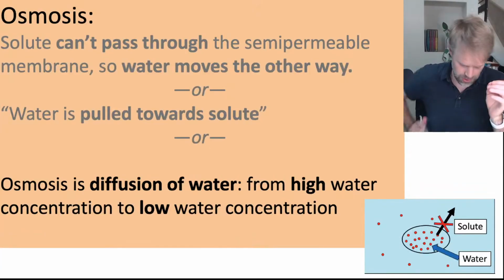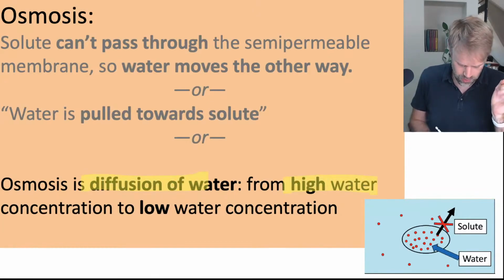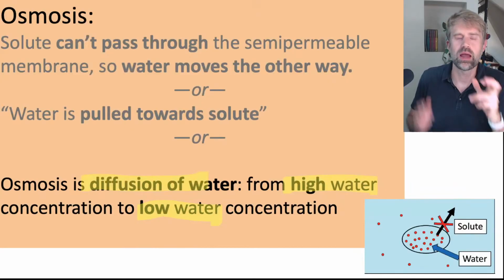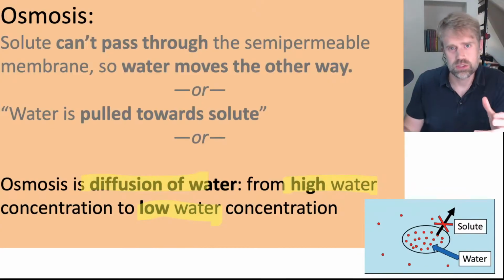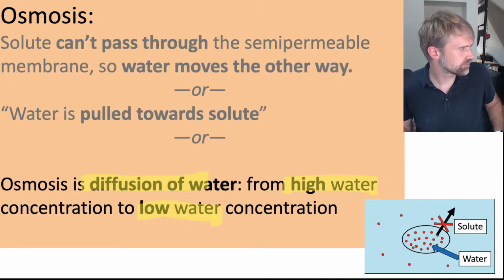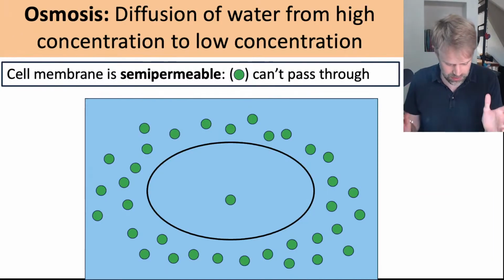They're going to say osmosis is diffusion of water from a high water concentration to a low water concentration. And in the next few slides I'm going to show you how osmosis is really diffusion of water. Okay? Stick with me for a minute. This is all going to make sense.